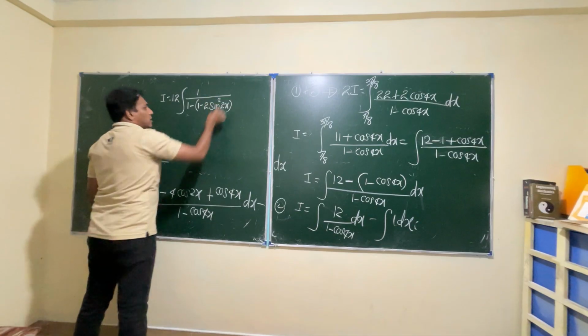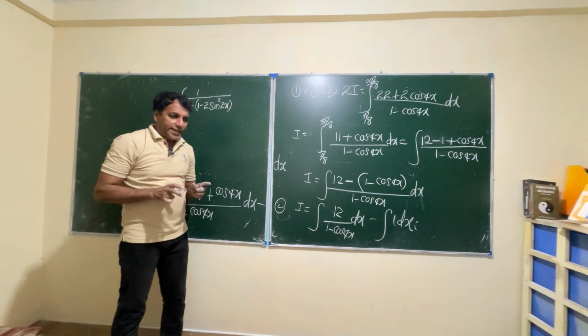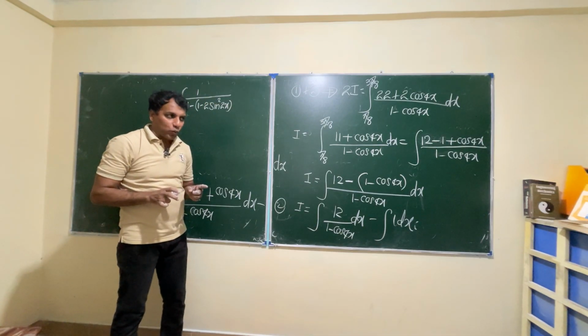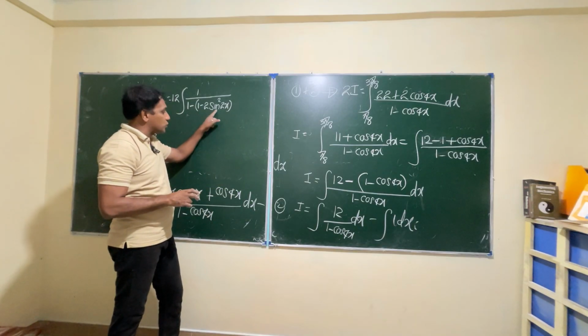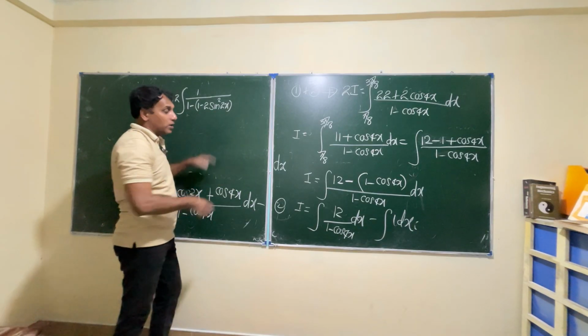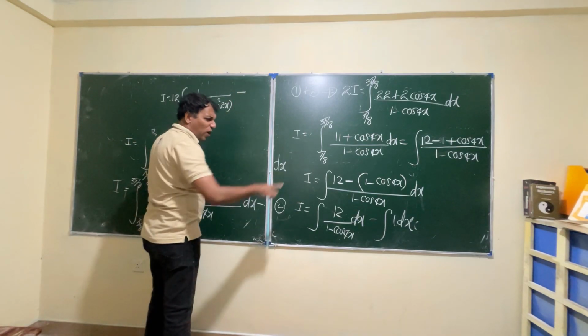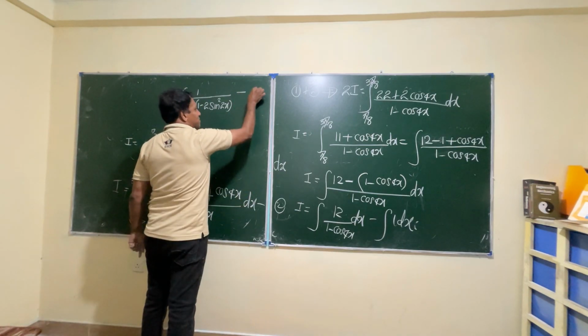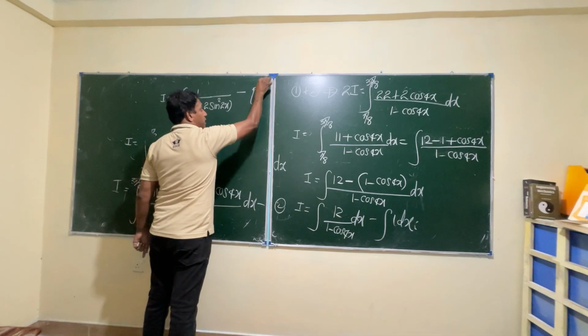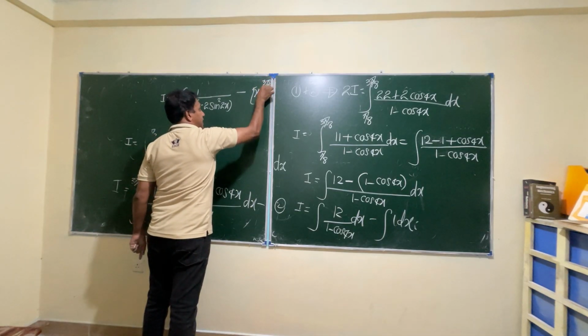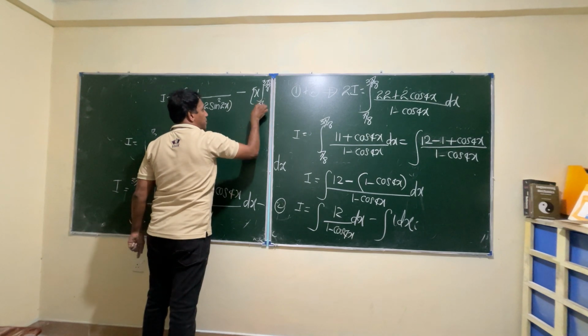Check that: cos 2 theta is 1 minus 2 sine square theta. So 1 minus cos 4x is 2 sine square 2x. Negative, 1 integration is x. Okay, boundary is there. Upper boundary 3 pi by 8, lower boundary pi by 8.